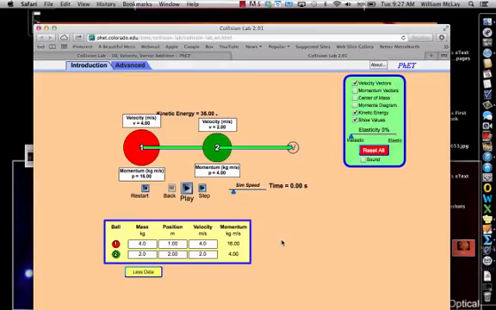Okay, so in this example, we have two objects that are going to head towards each other. One with a momentum of 16, the other with a momentum of -4 Newton seconds. Total energy of the system is going to be 36 joules. Now I've turned the elasticity down to 0, so in other words, perfectly inelastic. So let's watch what happens.